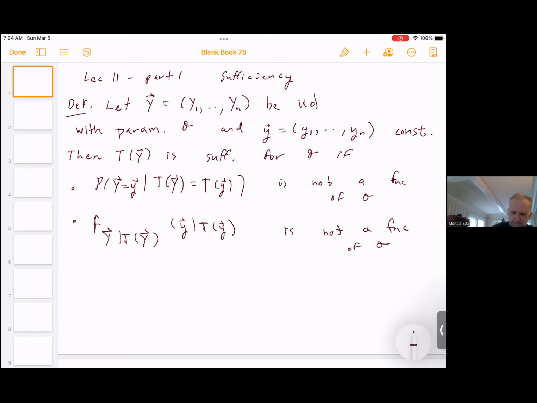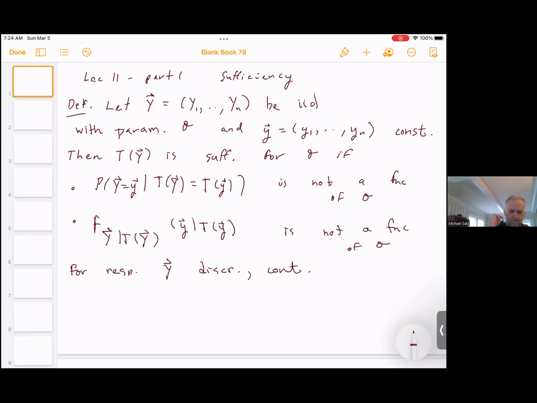Okay, this is the discrete case here, and then for y discrete or continuous, respectively.